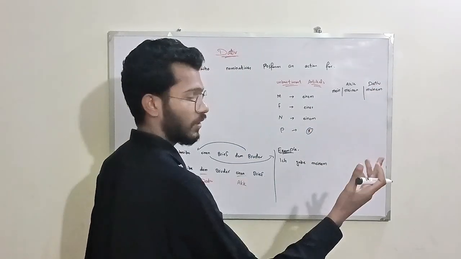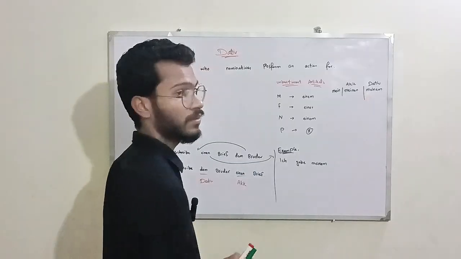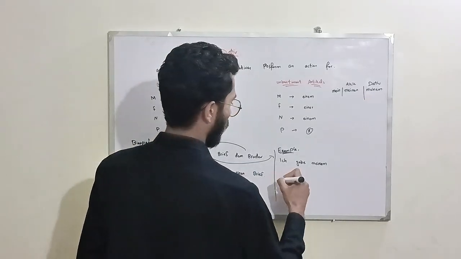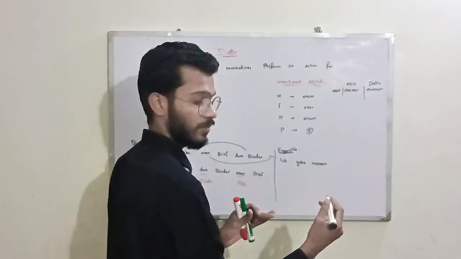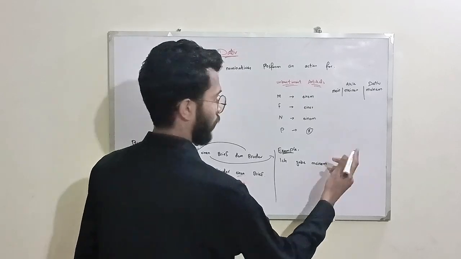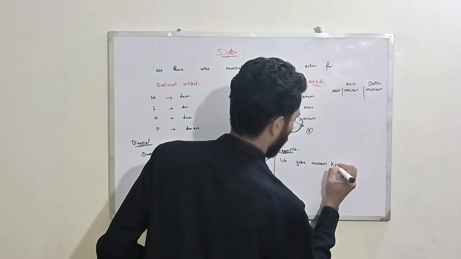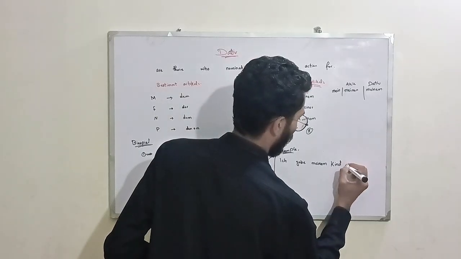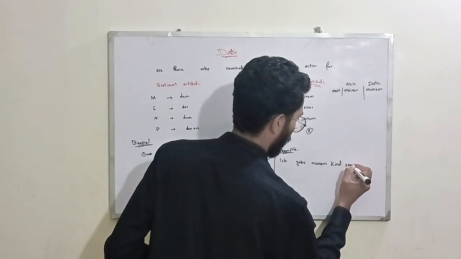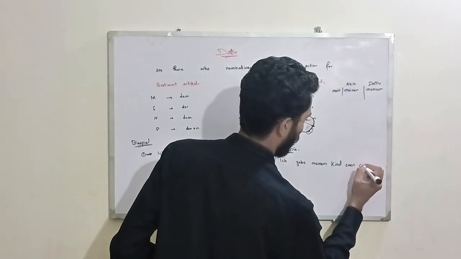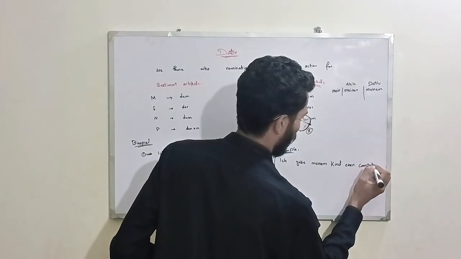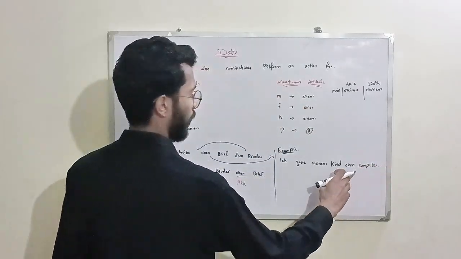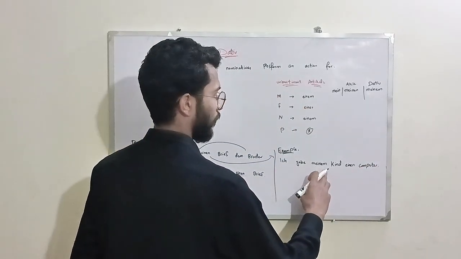Ich gebe meinem is a dative form. Meinem Kind einen Computer. A computer. I give my child a computer.